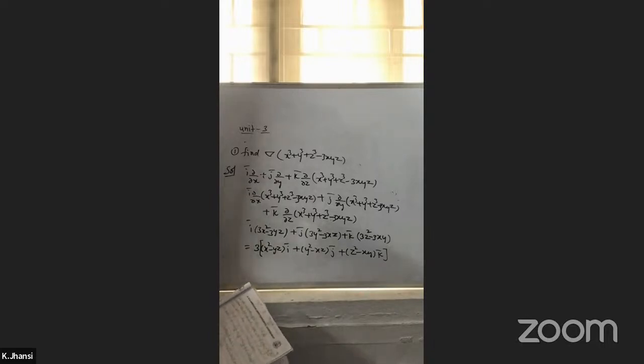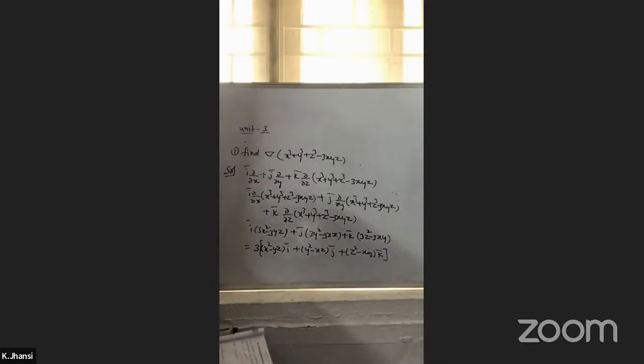And one more point will also be given in the question. So find the gradient of f, where f of x comma y comma z equals some function, at a point. That point is 1 comma minus 1 comma 2.